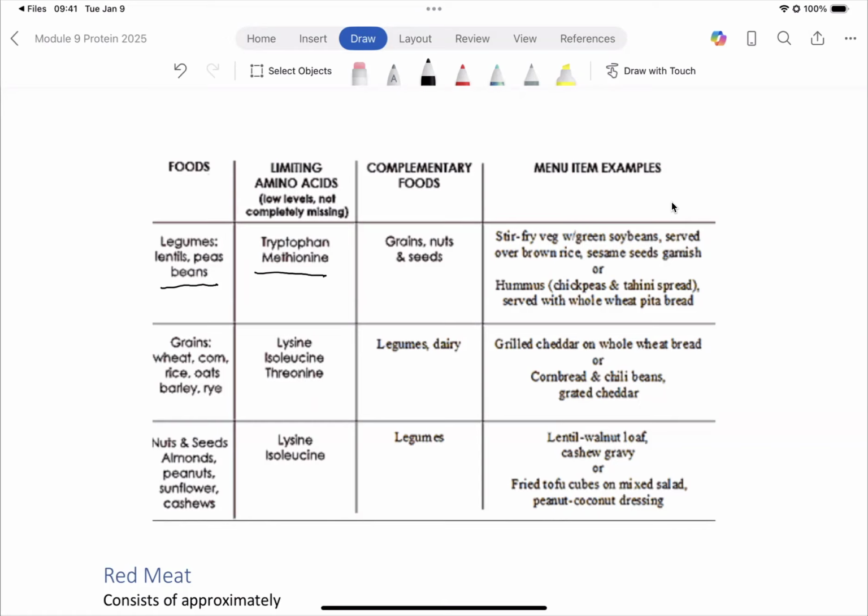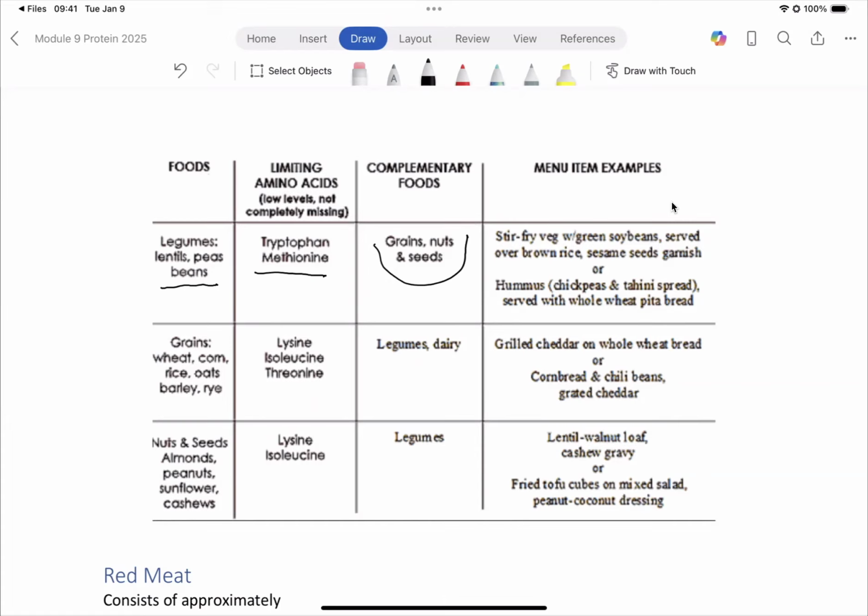But if we combine that with grains, so let's say we have red beans and rice, then we have a complete protein. Because the grains and nuts and seeds are missing different amino acids that the legumes are high in. So the two of those put together make for a complete protein.